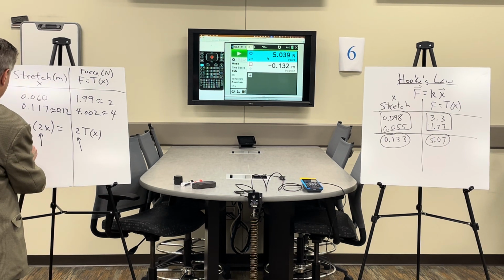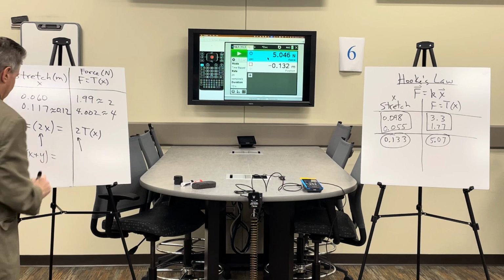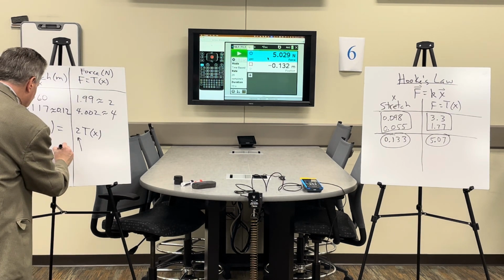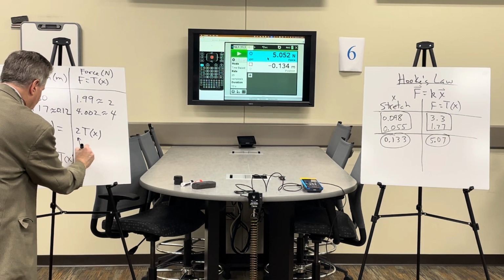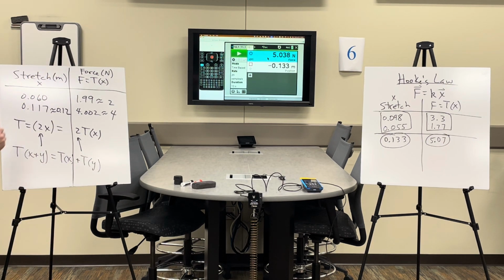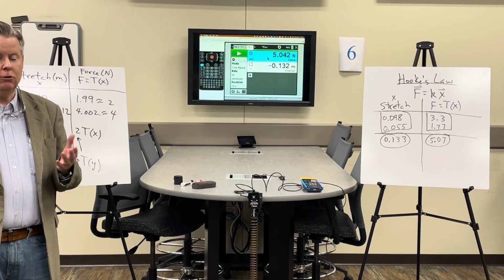So if I take the transformation and I add two things in, let's call them x and y, I get the same thing as if I weighed each one individually and added those together. So these two principles together, scalar multiplication is preserved, vector addition is preserved, are the two characteristics that we have when we talk about a linear transformation.